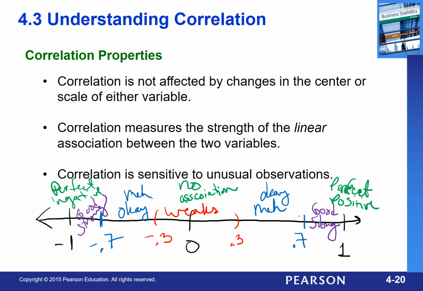I can work with that. So there's a little scale to help you judge how strong your relationship is between your two variables. How associated are they? Because that's what it measures linearly. Let's look at a correlation table.